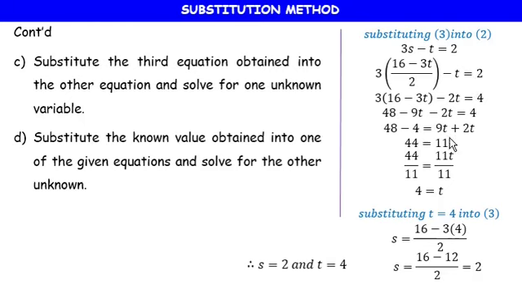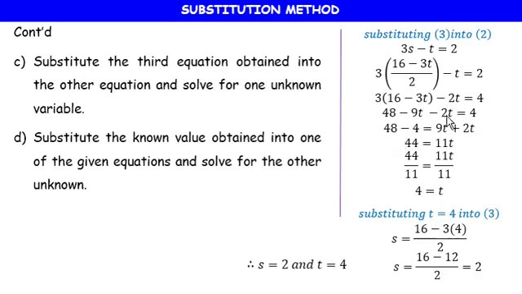Alright, so the next thing is to expand this bracket. So 3 times 16 gives us 48. 3 times negative 3 gives us negative 9. So we're going to have 48 minus 9t, and then you add the minus 2t, everything is equal to 4. The next thing is to group like terms, right?